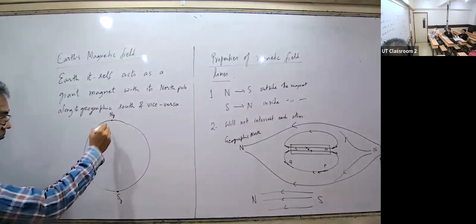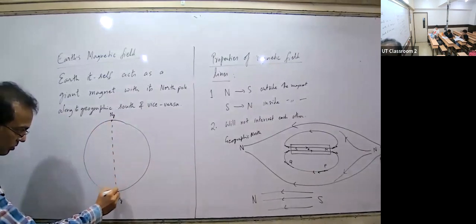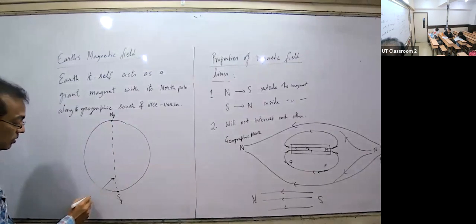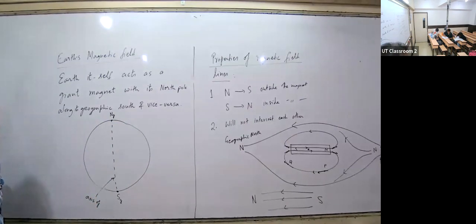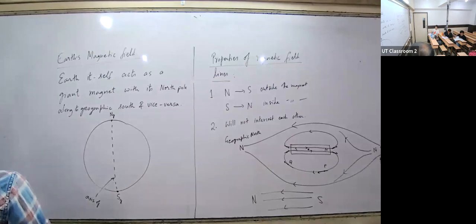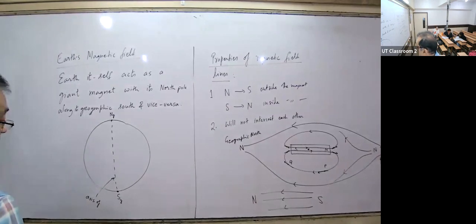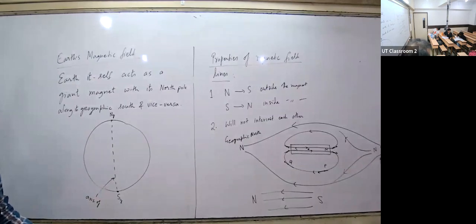And the line that passes through geographic north to geographic south is called axis of rotation. ठीक है ना?